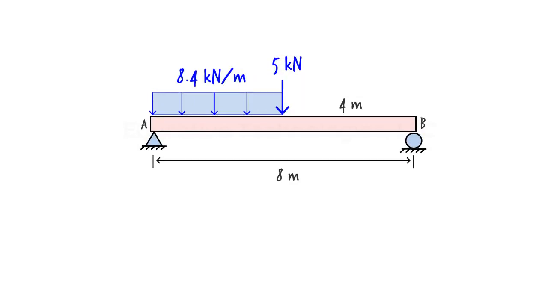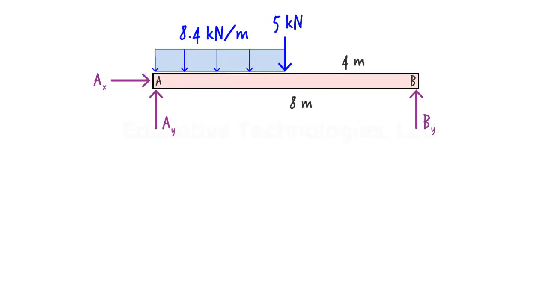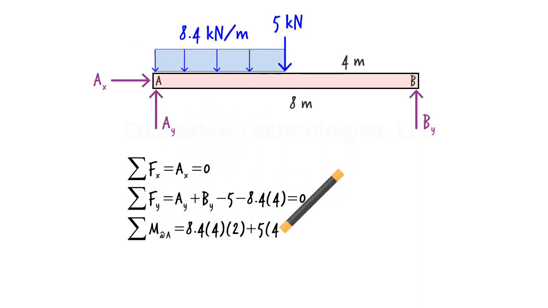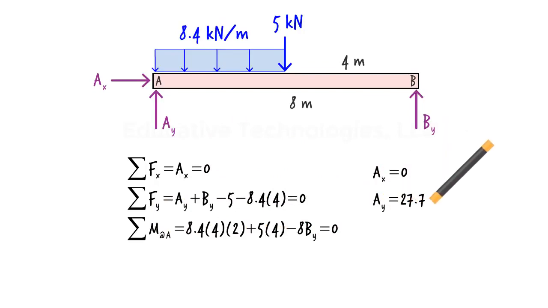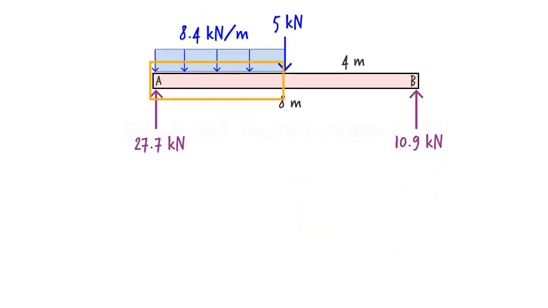Similar to the previous two cases, we start by determining the support reactions. Here is the free body diagram of the beam, and here are the resulting equilibrium equations. The support reactions for the beam are: Here, the loads divide the beam into two segments, so we need two sets of shear and moment equations.